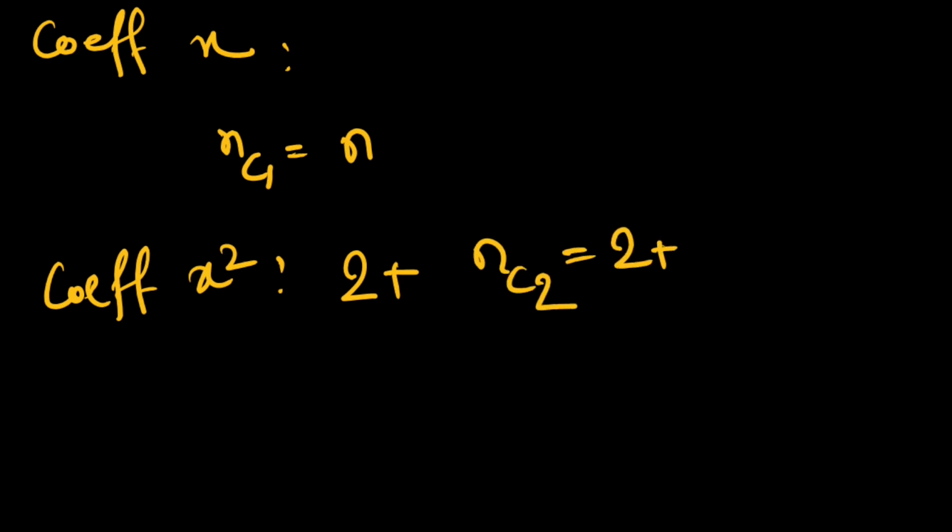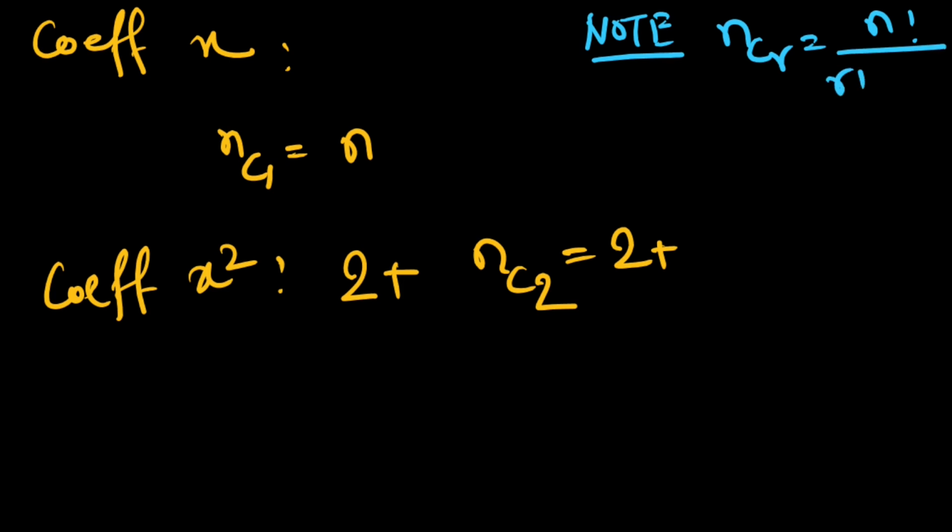Here we write a note: the formula of nCr is equal to n factorial over r factorial times n minus r factorial. So using this formula we expand 2 plus n factorial over 2 factorial times n minus 2 factorial.